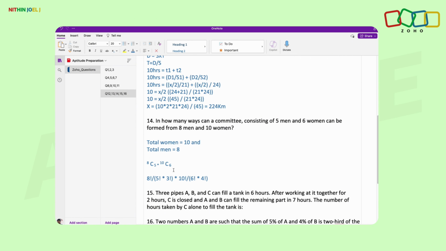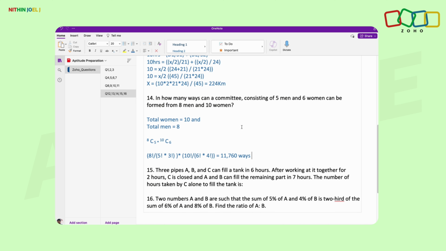So I'll just make these brackets proper. So this is equal to 11,760 ways of combinations are possible to make a committee of 5 men and 6 women.